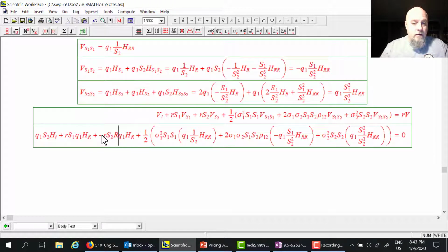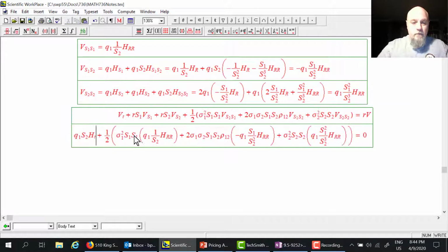So I can cancel this to be S1, and that means that this piece exactly cancels out this piece. So gone. Well, that got a lot simpler. And notice there's no more little r in here at all. There's no more interest rate in this at all. Maybe we can do a little bit more tidying up, right?